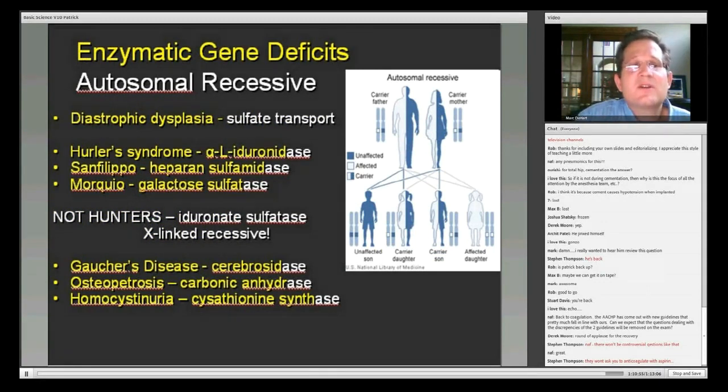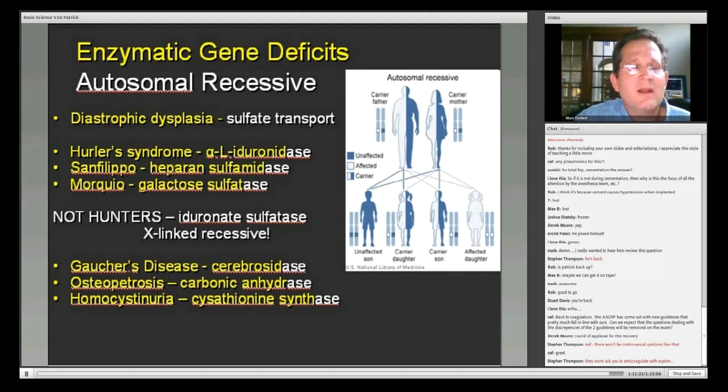There's a disease called diastrophic dysplasia, which is an enzyme that transports sulfate so that you can get it into your cartilage. That's recessive. All of the ACEs are recessive. All of the mucopolysaccharidoses, Hurler's, Sanfilippo's, Morquio's, those sugars where the lysosomal storage issue is, those are all recessive because they're enzymes. The only exception to autosomal recessive is Hunter's.